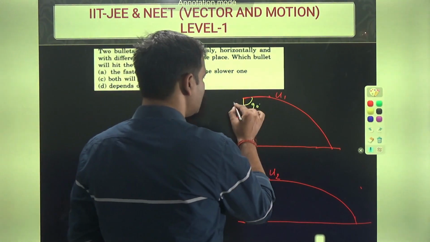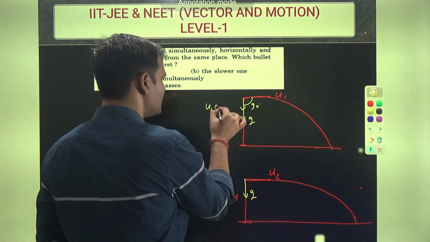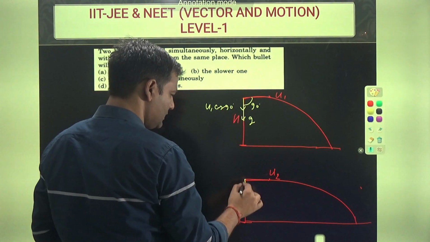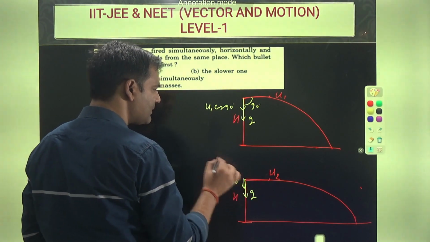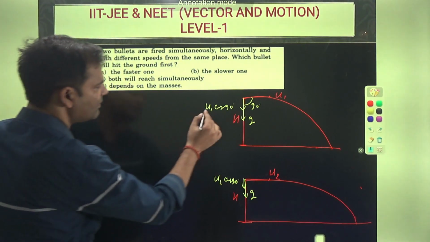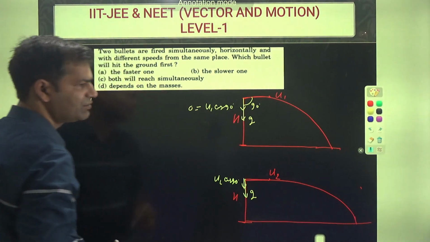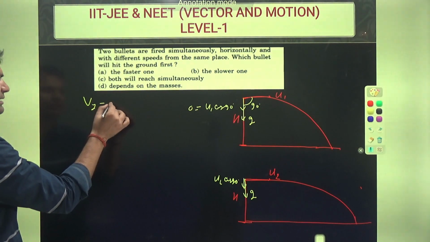What about the vertical velocity of u1? That is u1 cos 90, and here u2 cos 90, which is 0, since cos 90 is 0. So Vy is 0 in both cases.